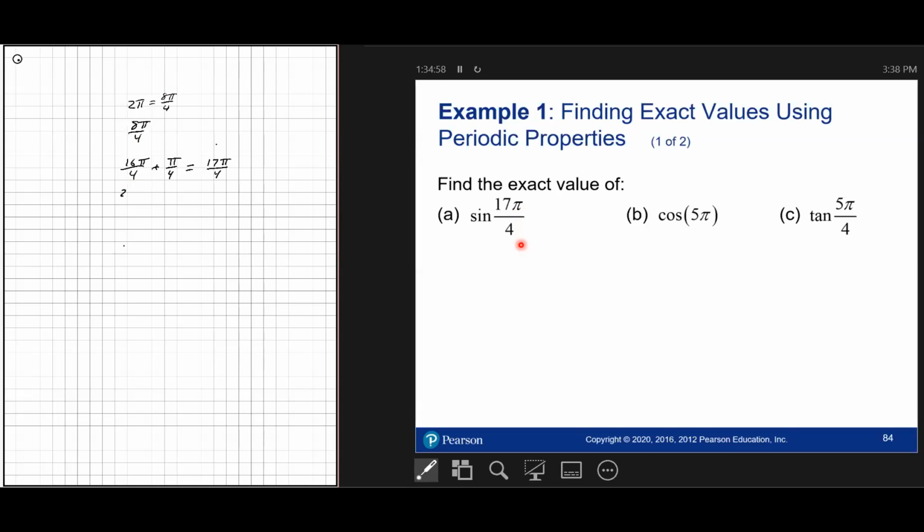So that's 2 times 8 pi over 4, which is 2 times 2 pi. So that means I go around the circle twice before I wind up at that angle.